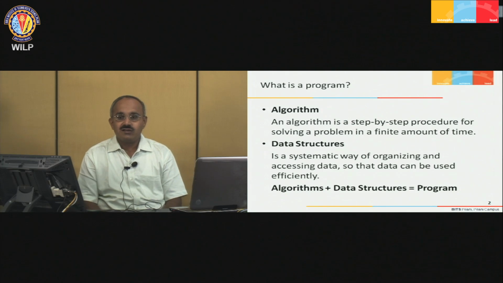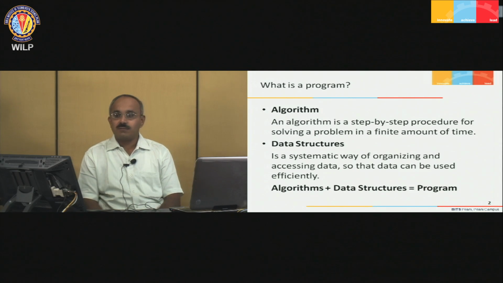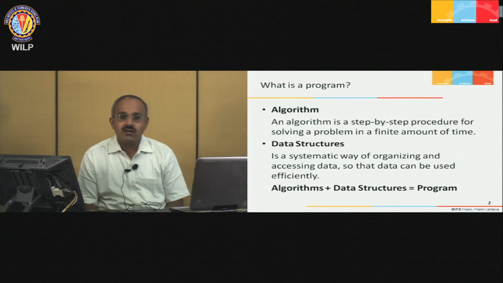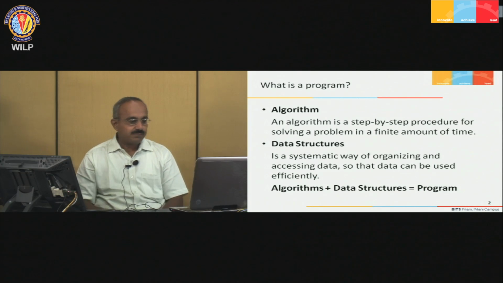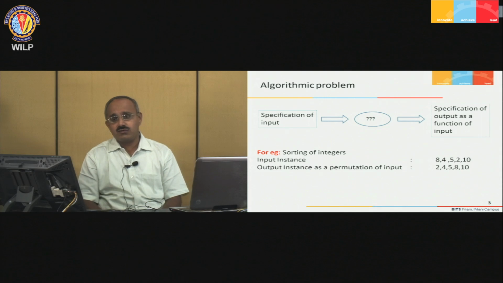Data structures, as we said, are just a systematic way of arranging data which can be understood by machines, and programs are essentially nothing but algorithms and data structures put together. That is a brief introduction to the title of the course.